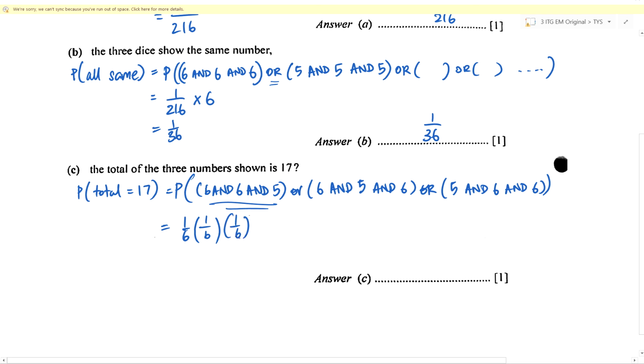This is for the first case. Then we have to add 1 over 6, 1 over 6, 1 over 6. Some of you might have realized that right from the start we could multiply by 3. But if you haven't realized that, go ahead and multiply them and add them. So our final answer here will be 1 over 72.